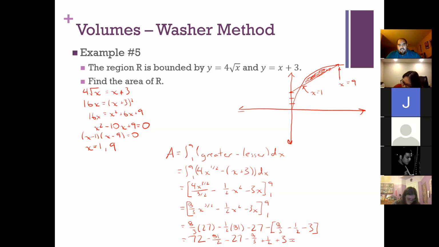And if anybody has a final answer here, go ahead and shout it out. I'm just verifying what I have. But I believe this is the final area, 16/3.